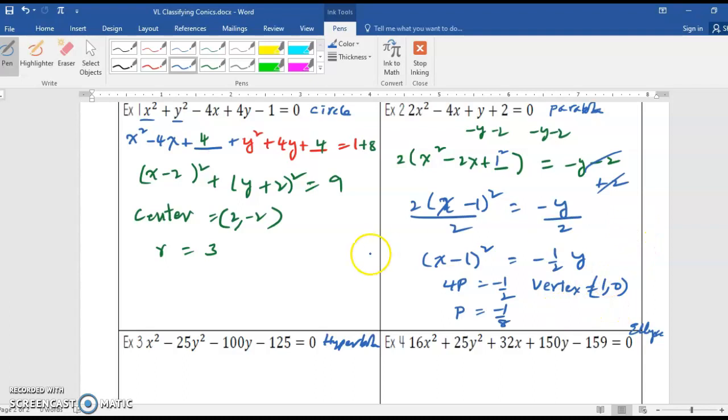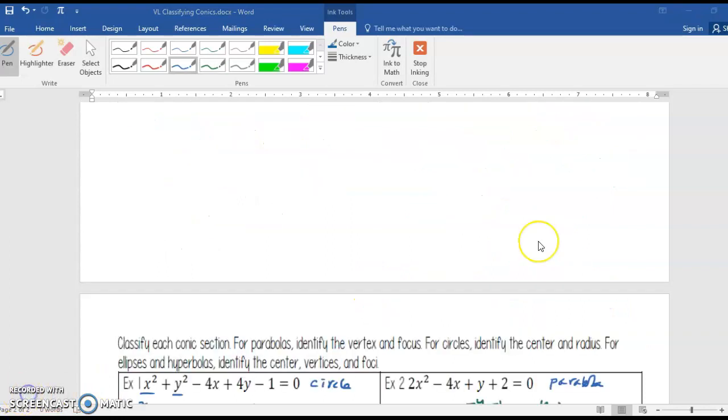And when you draw, I'll draw the parabola quickly. The square is on x, so it's going to be a vertical parabola, but there is a negative here, so it's going to face downward. The vertex is here, 1, 0, and so the focus will be below that. So 1/8 minus 1, so it's going to be here, right?